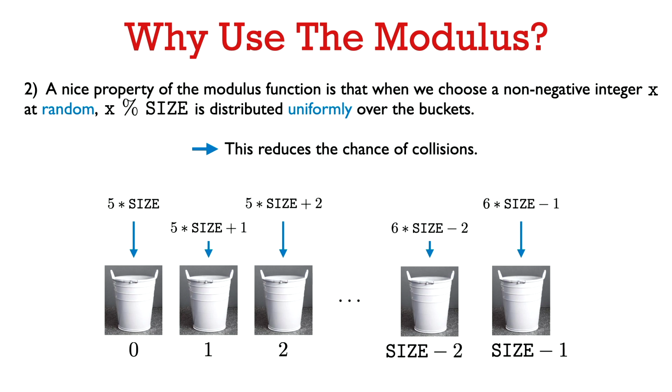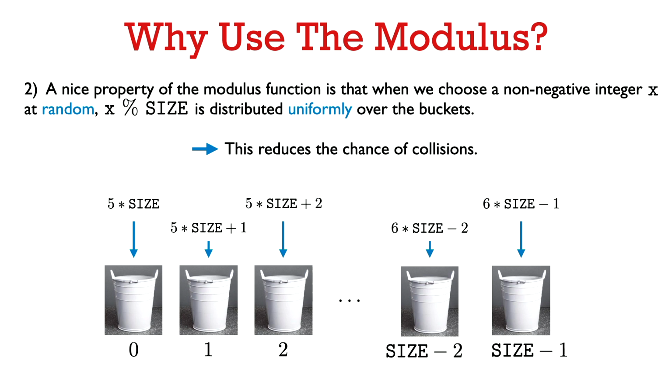Now, each of these numbers hashes to a different bucket under this modulo hash function. Right? 5 times size will be mapped to bucket 0, 5 times size plus 1 will be mapped to bucket 1, etc. So if we randomly choose a number in this interval from 5 times size to 6 times size minus 1, every bucket is equally likely to get it.